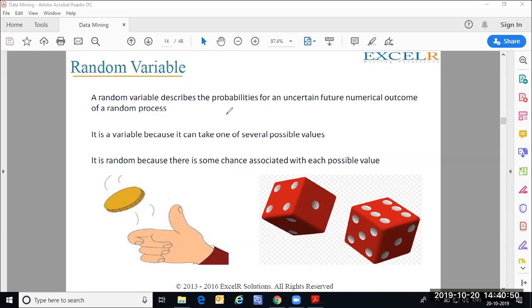Means, if I'm flipping a coin, what are the possible outputs when I'm flipping a coin? Head or tail, right? So we have two possible outputs, head or tail. Flipping a coin is an experiment. What is the probability that is associated to get head as an output? 1/2. What is the probability formula, friends?